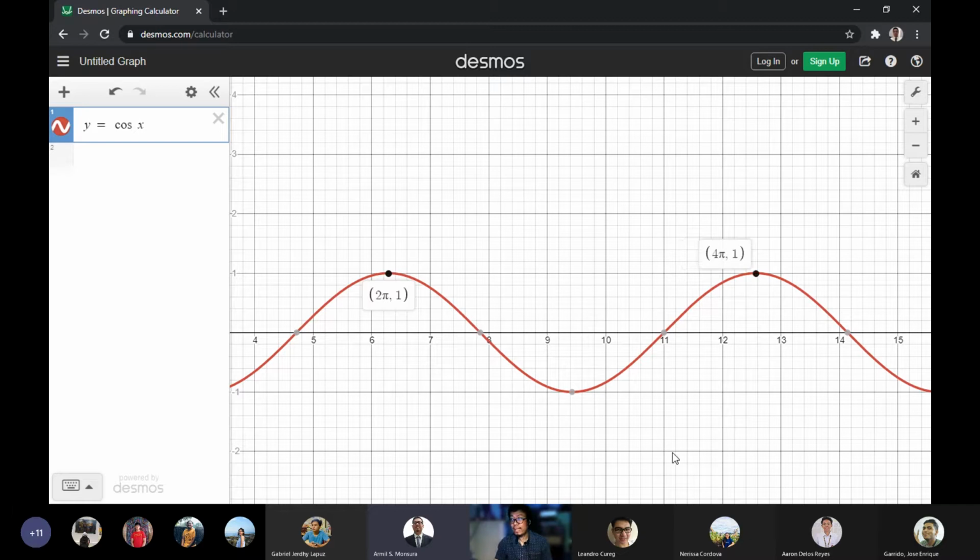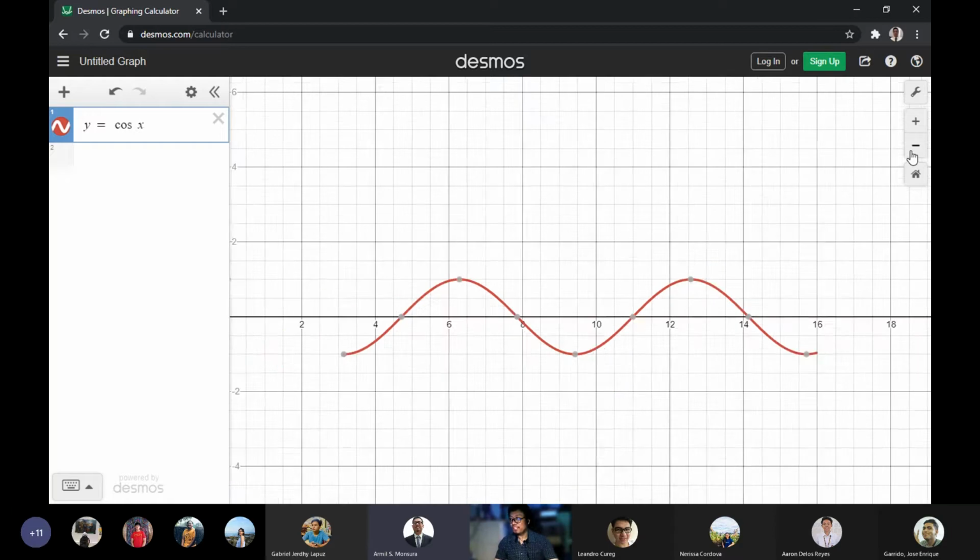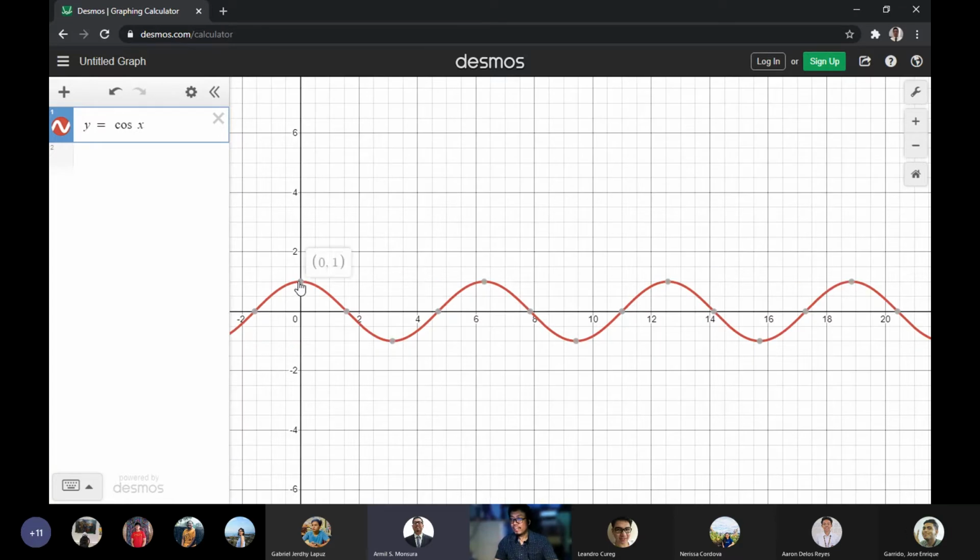And where will that happen? That would happen when x is 4 pi. So kung titingnan nyo mabuti yung function niyo, here, here, here, and here, at those points, the value of your function is 1.